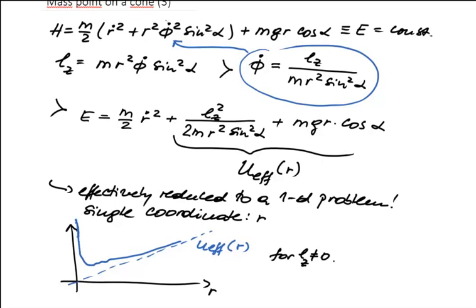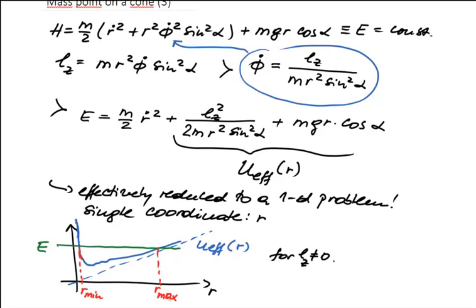Now the total energy E is a constant, it's a given, and let's draw it somewhere here. Let's say this is the total energy E, which is a constant of the motion. And you recognize, as we analyzed problems in 1D Newtonian mechanics, there's a lower bound, r min, and an upper bound, r max.